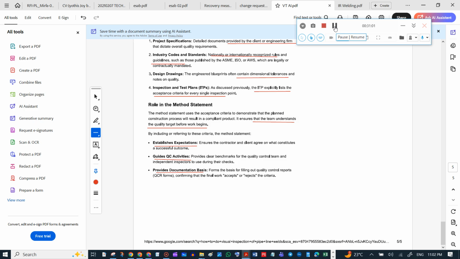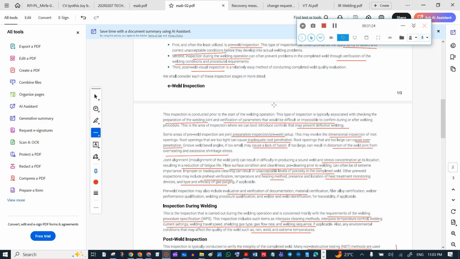So the ITP is a plan and the QCR form is a record. Now, most of the things are covered, but one more definition: why exactly do we require visual inspection when concerned with NDT or radiography? Before that, we need to discuss the importance of visual inspection.